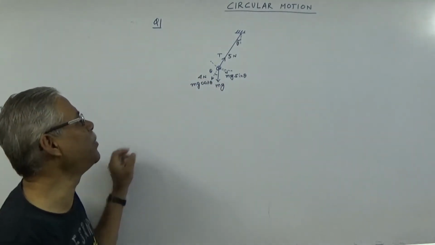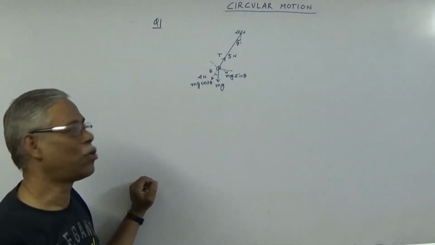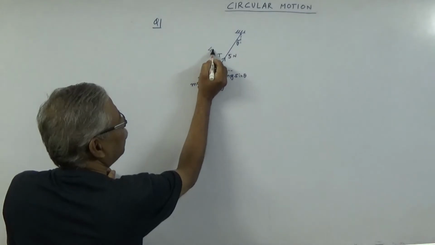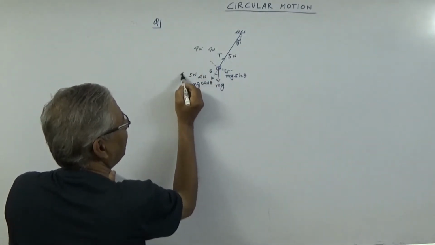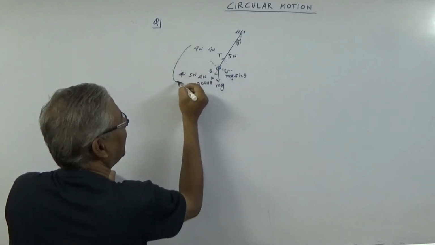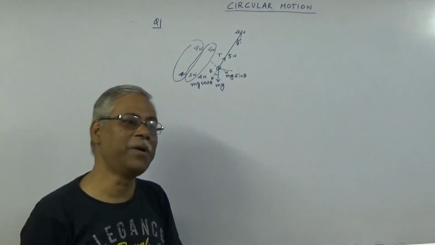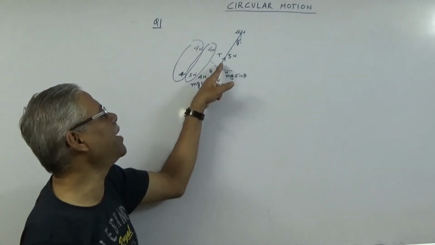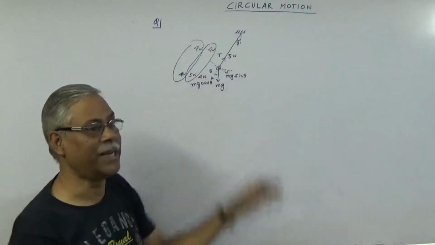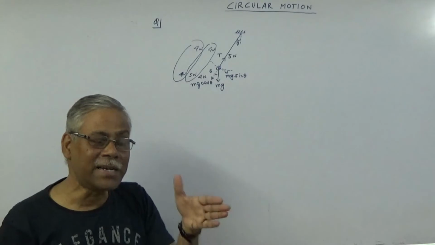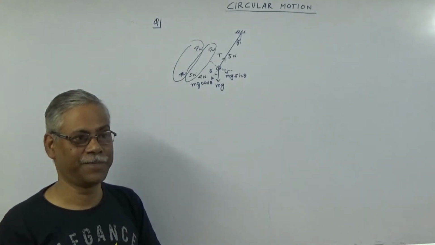Is this situation possible in this direction, or should it be like this: 4 Newton, 5 Newton, or 4 Newton, 4 Newton? 5 Newton, 4 Newton. That means there is a resultant force, in which direction? Towards the center. And that net force towards the center is actually the centripetal force.